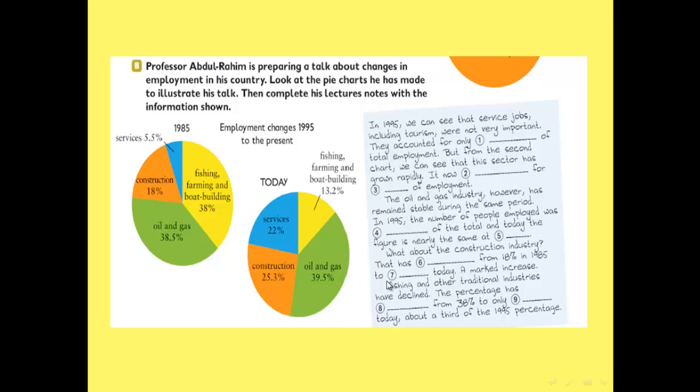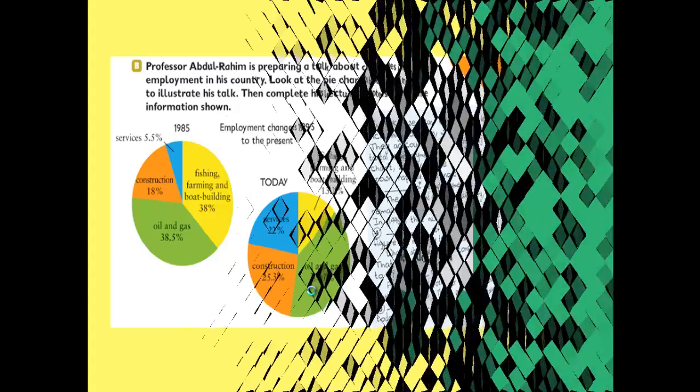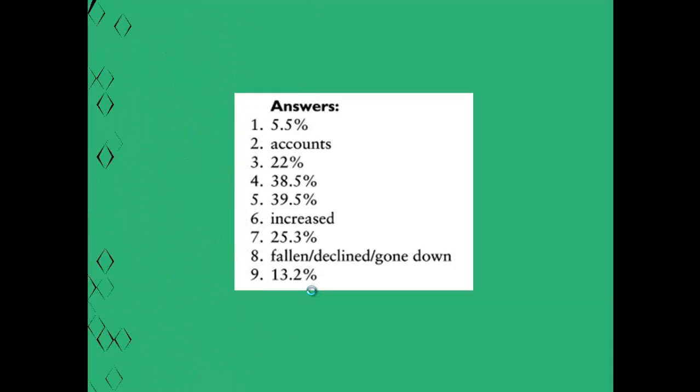After reading it, using these two pie charts, we can see the answers. The first one, 5.5%. The second one, accounts. Third, 22%.